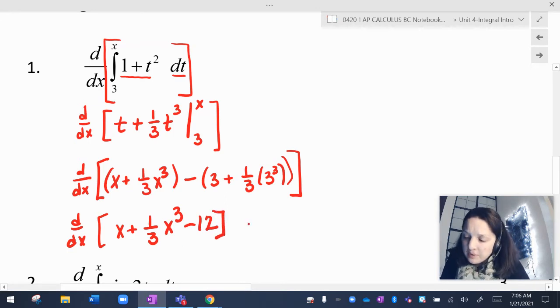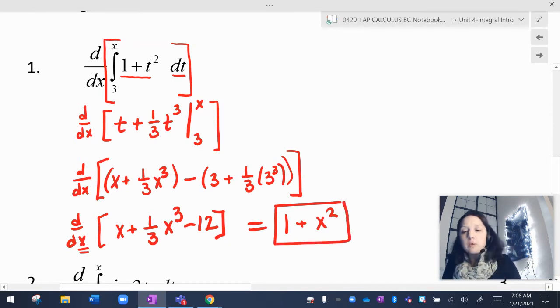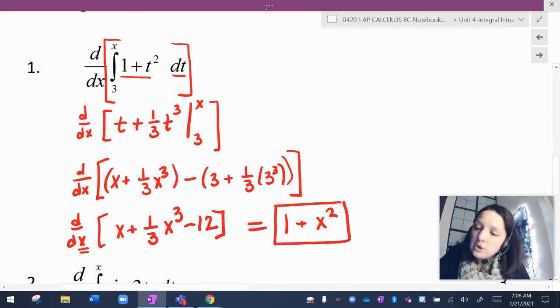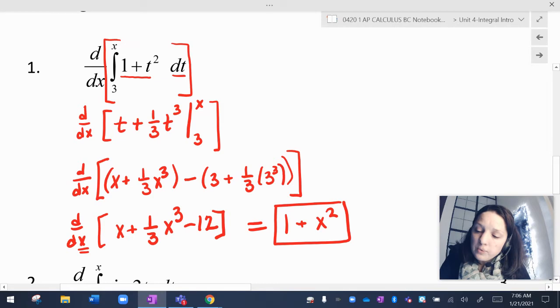And then when I take the derivative of that with respect to x, the derivative of x is 1. The derivative of 1/3 x cubed is going to be x squared, and the derivative of 12 is going to be 0. So I get 1 plus x squared. So the derivative with respect to x of the integral from 3 to x of 1 plus t squared dt is 1 plus x squared.